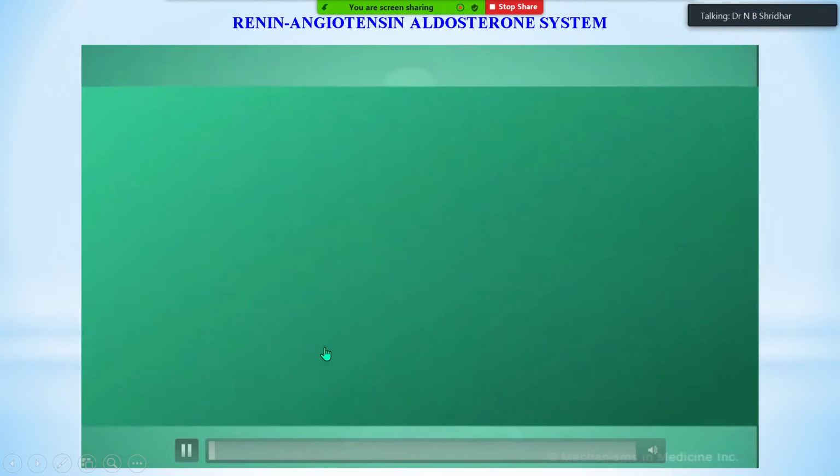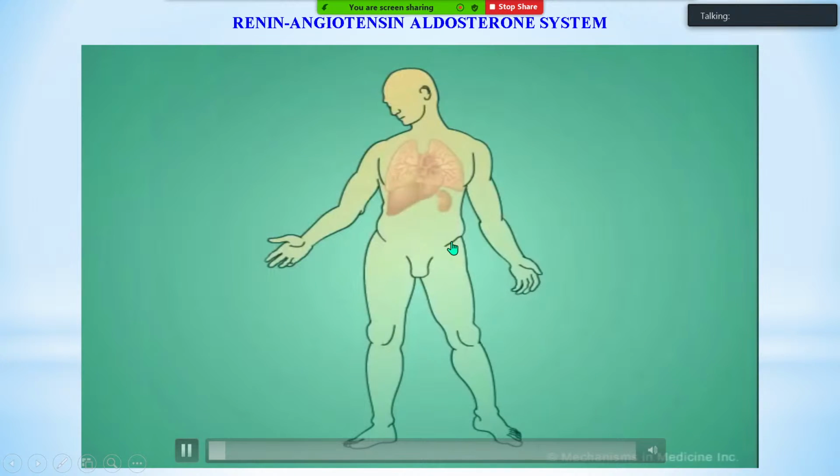Here the renin-angiotensin-aldosterone system is very important in maintaining blood pressure.